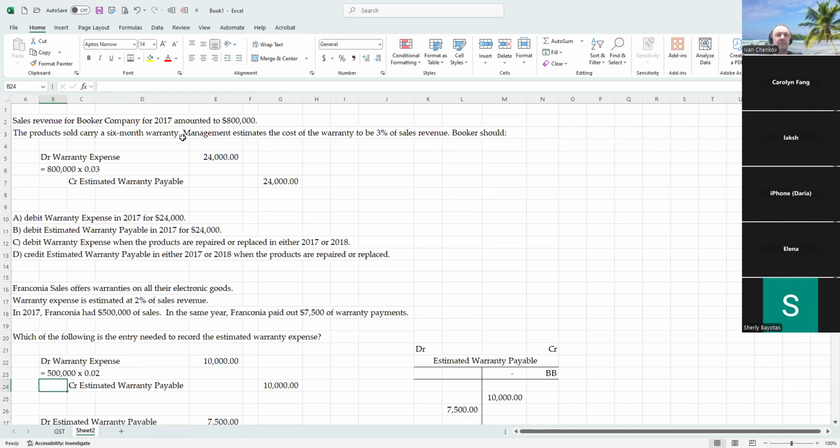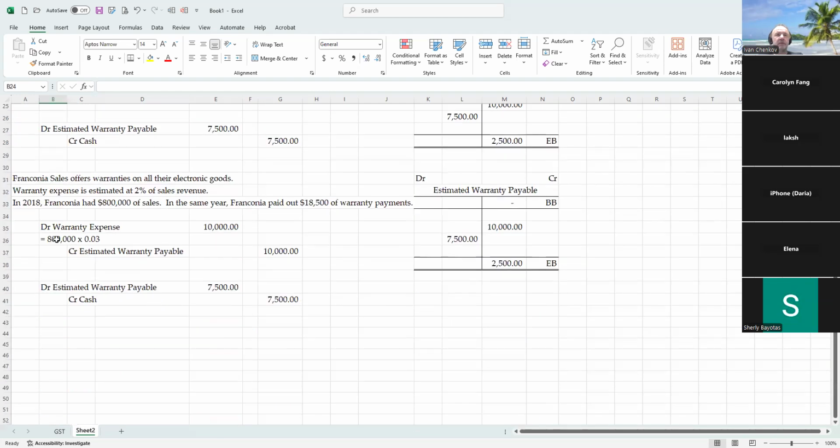So here I have $800,000 times still 2%. That's going to be equal to $16,000, which is my expense. Correct?